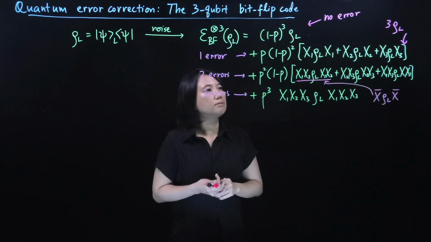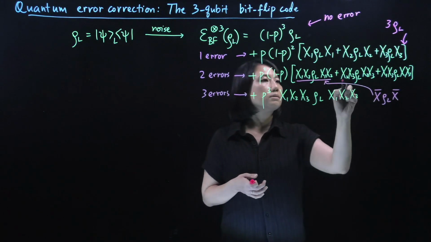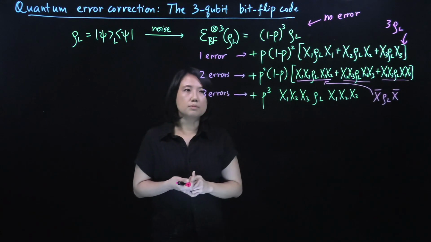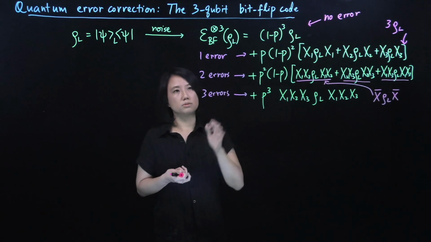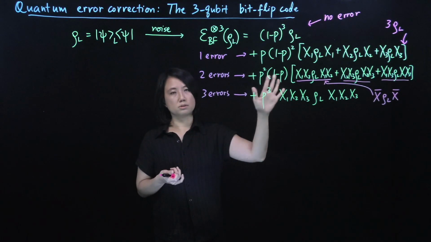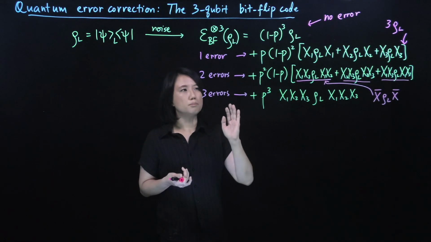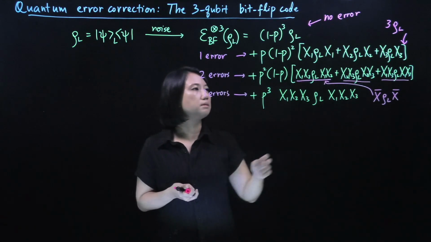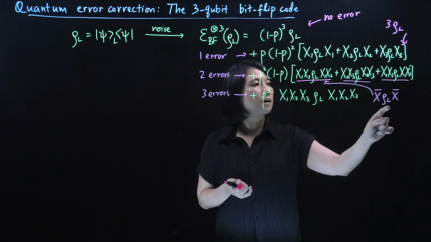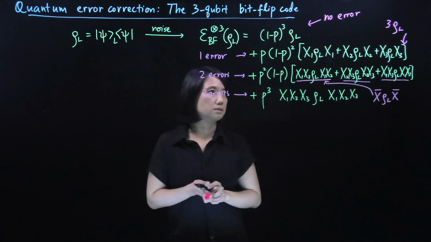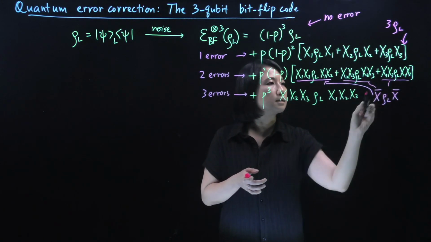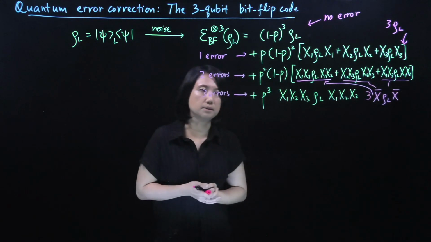You can go through the entire thing for yourself and show that, following the table that maps the syndrome measurement result to the recovery operation, the combination of having two errors together with the recovery operation always gives you this x bar rho L x bar as the consequence. So each of these terms again becomes this. Again, we gain a factor of 3.